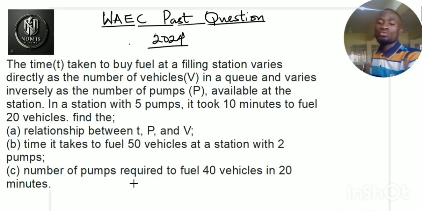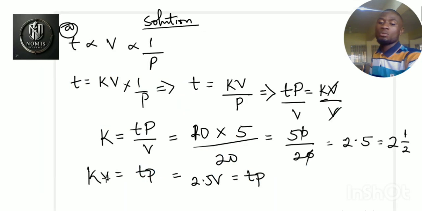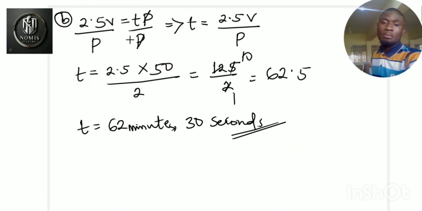At this instance, we are going to make pump P the subject of the formula. So remember, the formula is that T equals 2.5V all over P.